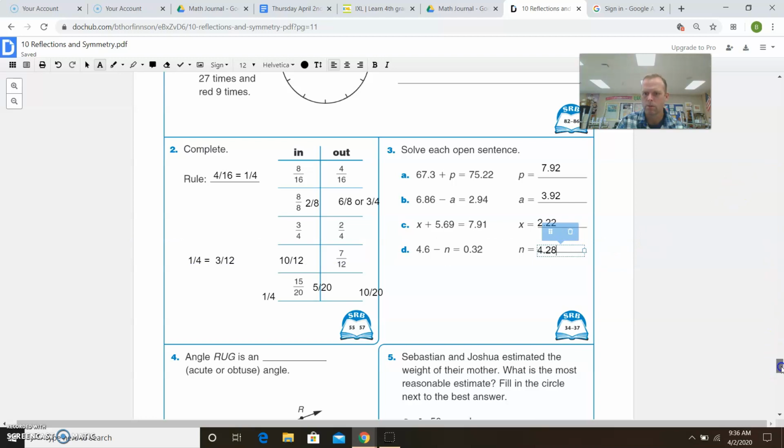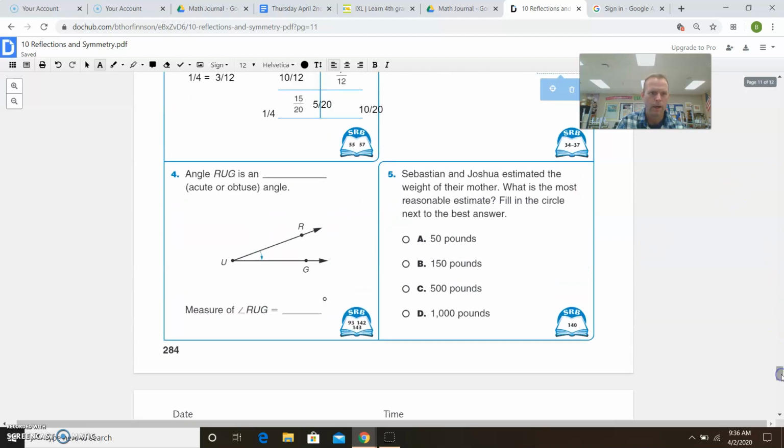Let's do our last two. Just go ahead and give you an answer. Hopefully you, first of all, this is acute. And your degrees, remember, so you're not reading the wrong side of that, always keep in mind what 90 degrees is. This is obviously much less than 90.